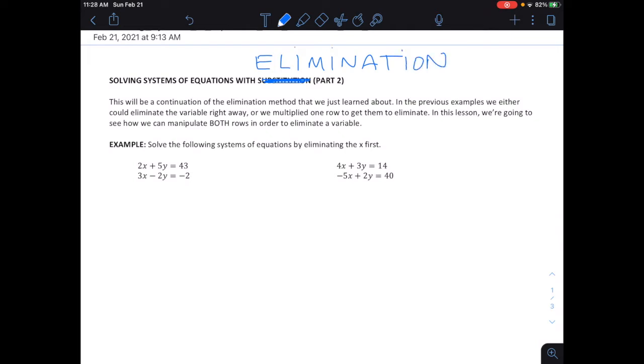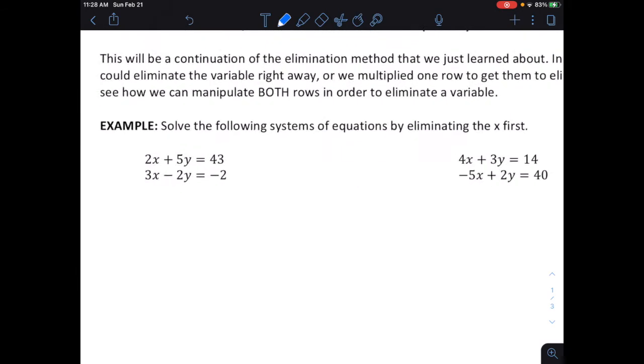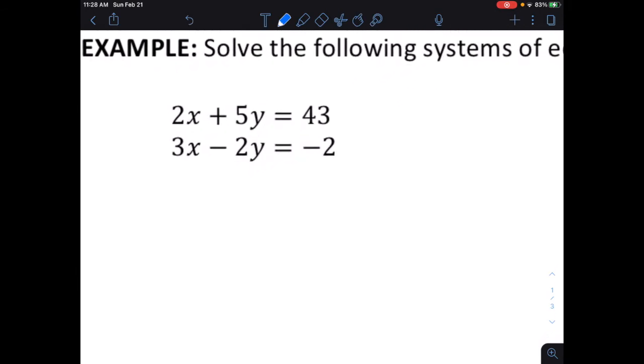All right. We are going to eliminate. And in this case, we don't see opposites. We don't see something we can easily just multiply by another number to make an opposite. And it says we're going to eliminate x first, so let's focus on x in this first one.